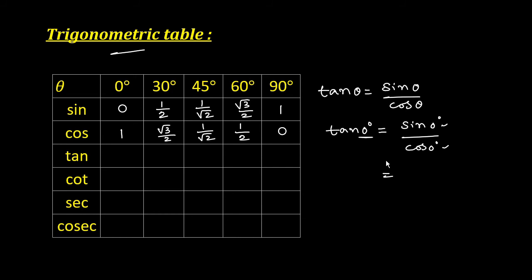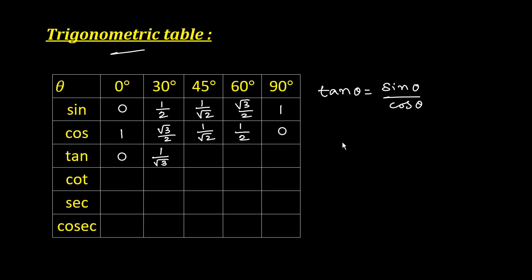Sine 0 is 0 divided by cos 0 which is 1. 0 by anything gives 0, so we'll write 0 here. Next, tan 30 is the ratio of sin 30 and cos 30. Sin 30 is 1 by 2 divided by cos 30 which is root 3 by 2. The denominators cancel as they have the same value, and the remaining is 1 in the numerator and root 3 in the denominator. So tan 30 is 1 by root 3.